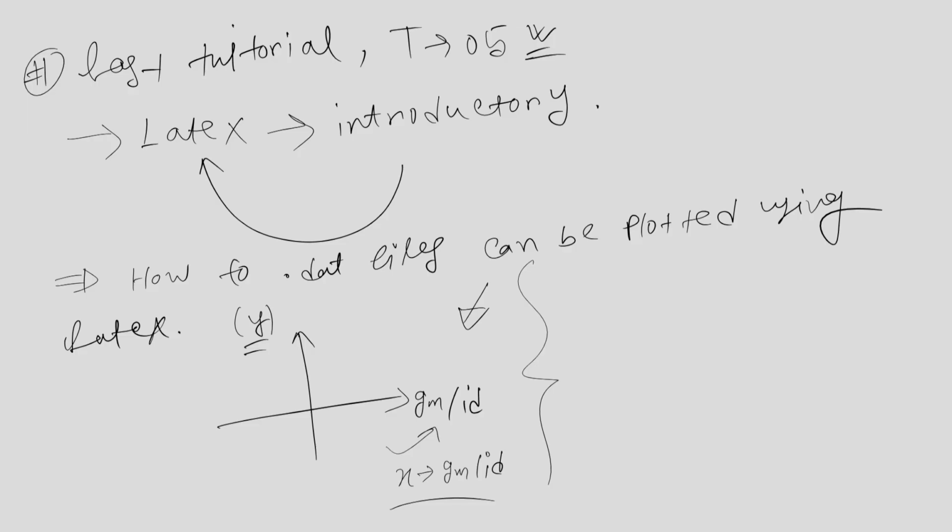It is not difficult and requires only a small additional effort. We can plot the parameter versus GM over ID in Cadence. This is possible, not impossible. I will demonstrate how to plot parameter versus GM over ID in Cadence in a future separate tutorial video in detail.